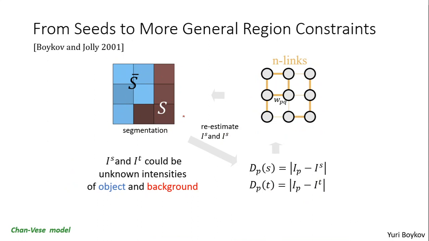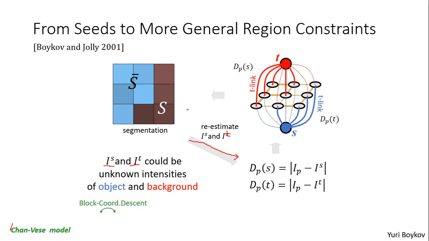Now if you do not know IS and IT, that means the constant intensities of the object and background are unknown, which is actually the Chan-Vese model. You can see in the Chan-Vese model when we ran that, it found C1 and C2. So in this case we re-estimate IS and IT based on the current segmentation.